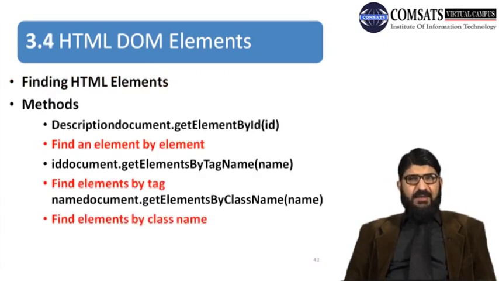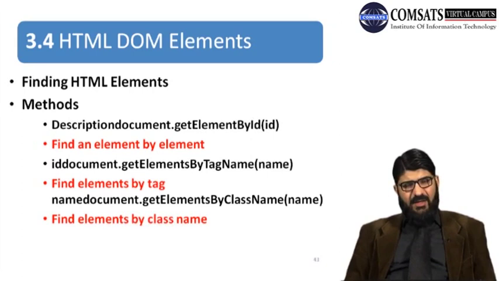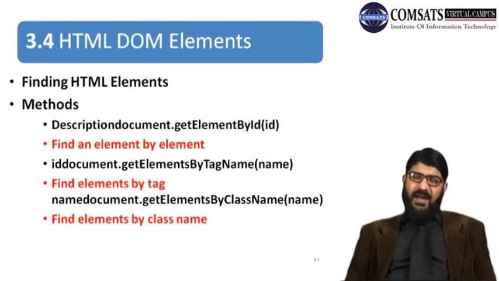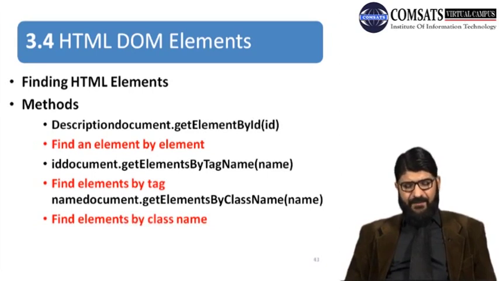So there are three different ways of finding HTML elements. The first way is finding the element by using the getElementById method, assigned with the id of that particular element. The second one is getElementsByTagName, and this method is used to find the elements by tag name, and the parameter that will be taken by the function is the tag name.